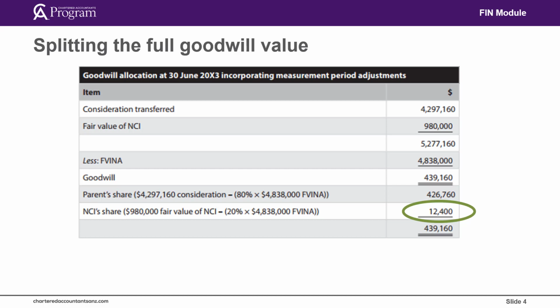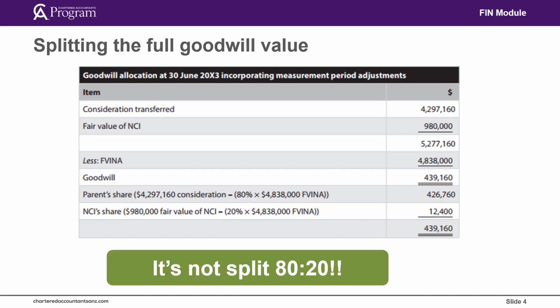It's important to understand that we don't simply split the total $439,160 and apply the ownership interests of 80 and 20% respectively. The calculation for this split is a little more complicated, so please take time to understand how you perform the calculation of this full goodwill value being split.